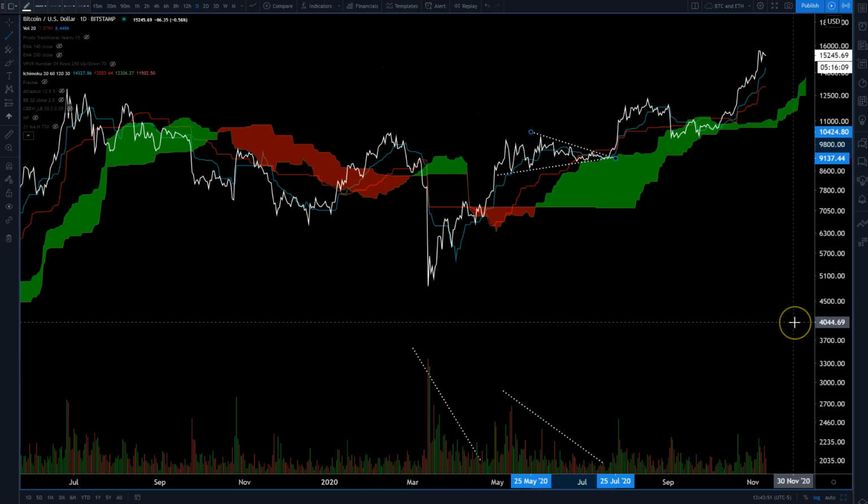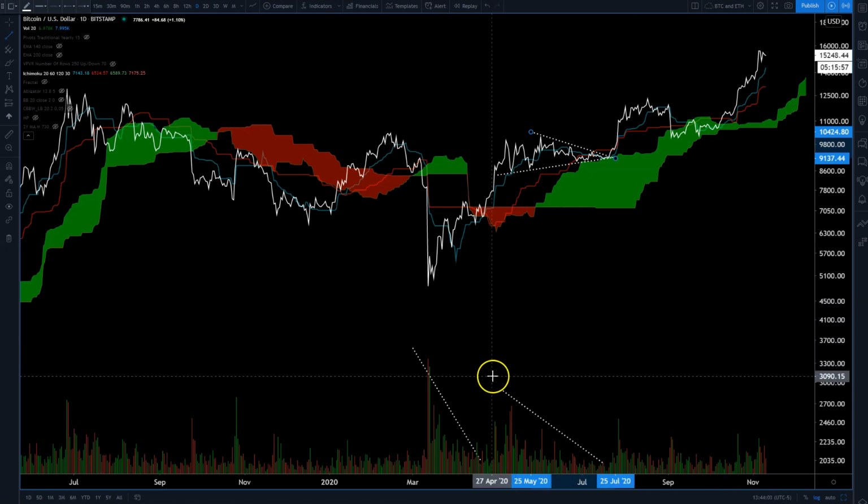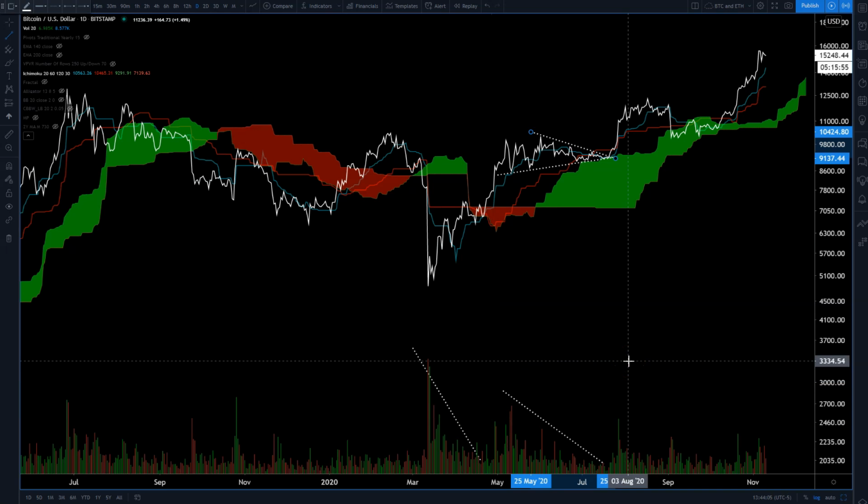So for the most part, I don't use volume on a lot of things other than just binary confirmation of what's going on. Is volume going up? Is volume going down? Is volume consolidating? Is volume declining? You'll often hear people talk about on volume breakouts, or breakouts that have a complement volume to confirm them. It's another way to think about it.